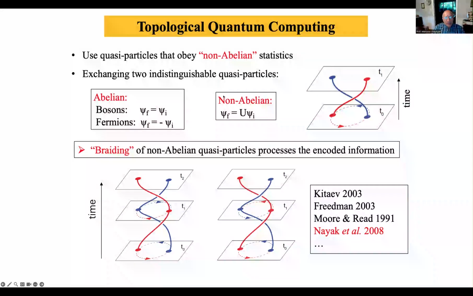So it turns out if you look at the exchange of two particles, for example, I'm showing you on the right side, say blue particle and the red particle, and these are identical. And the z-axis is time. So we are moving two particles around so that at time t1, they are interchanged.